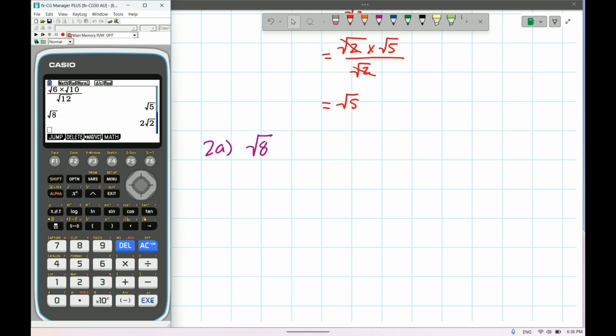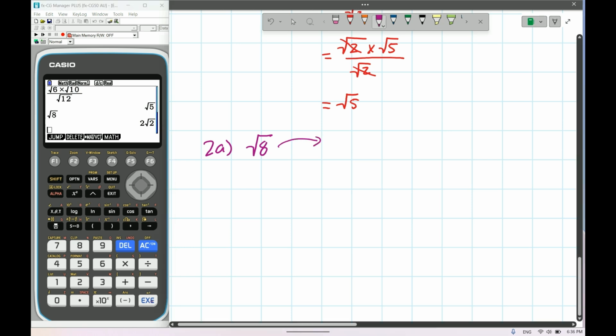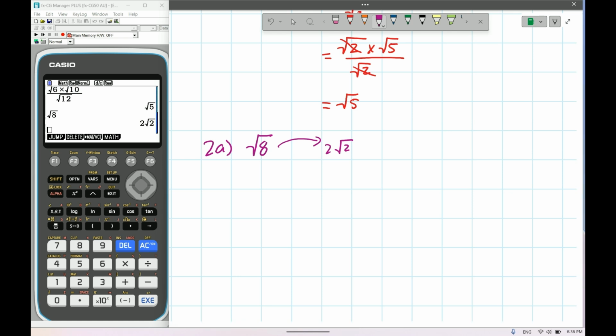They're asking you to work out how they got to 2 square root 2, for question 2 on page 319. The way you do it is you break up the square root 8 into two numbers, so you have some number times square root of some other number. You want to break up the 8 into two numbers.